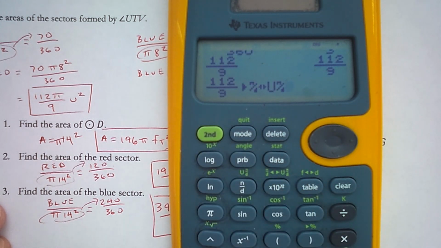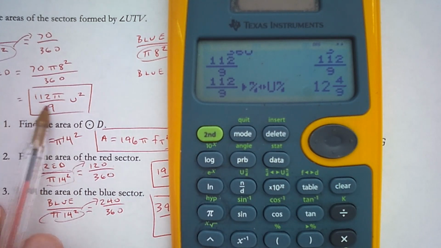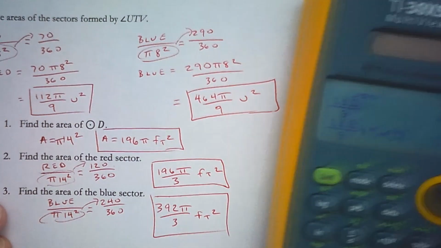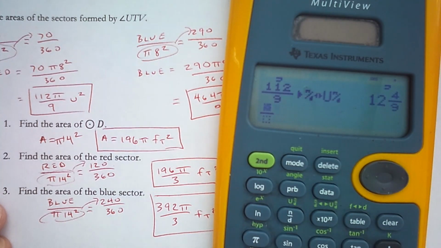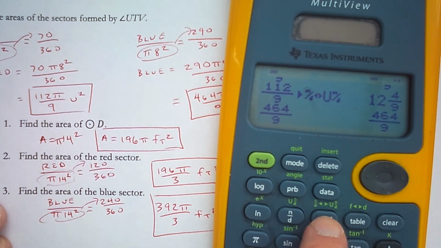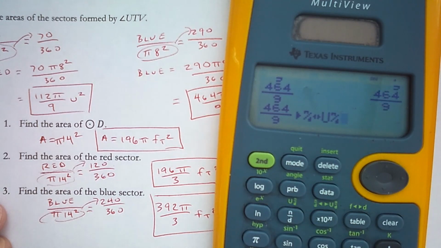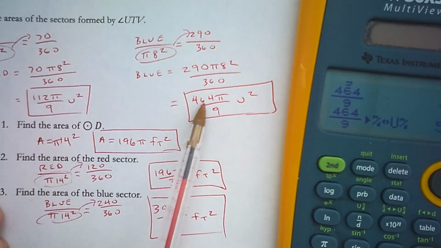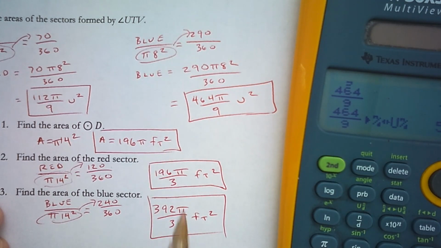So second, and then it will change it to 12 and 4/9 pi. I can do that with 464 over 9 also. It would be 51 and 5/9, so I would have 51 and 5/9 pi.